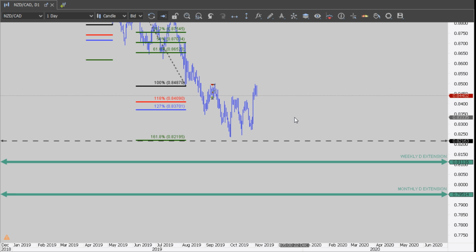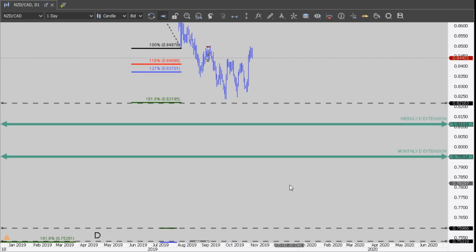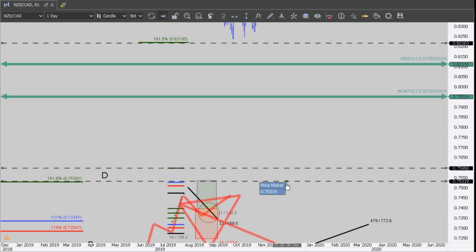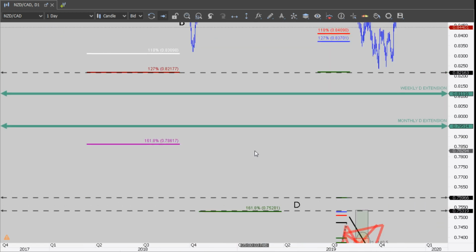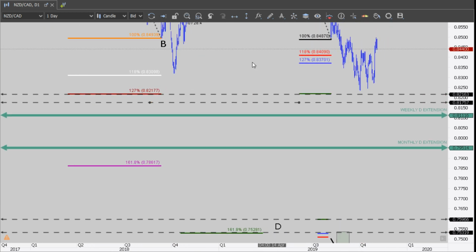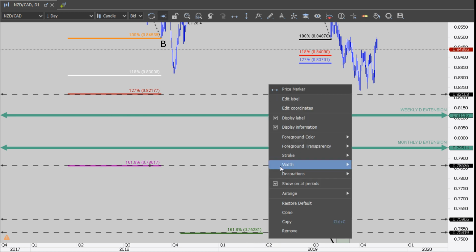Fibonacci, yes, but what Fibonacci confirmation? Are you talking about the weekly D extension? Are you talking about the monthly D extension? Or are you talking about the daily D extension?